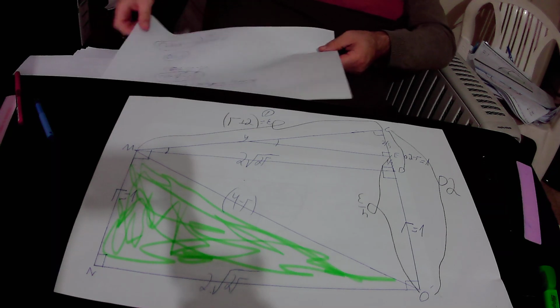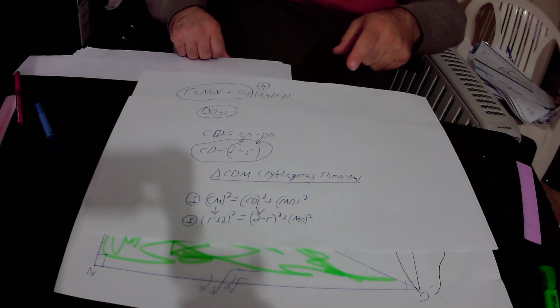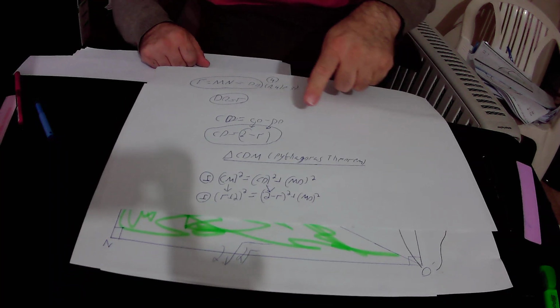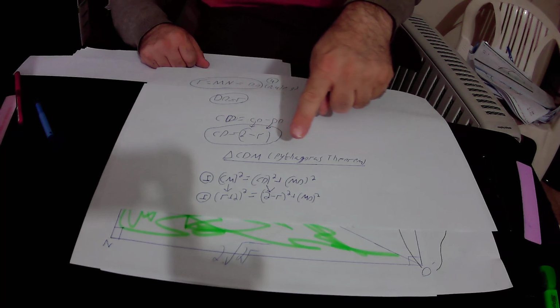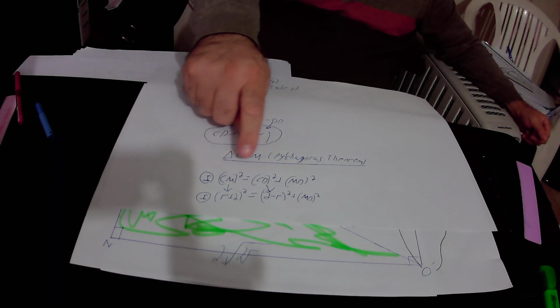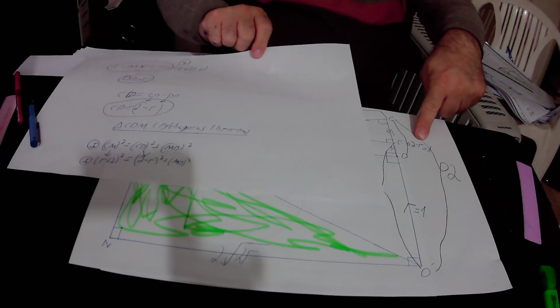According to the Pythagoras theorem, the square of the hypotenuse equals the sum of the squares of the perpendiculars. That is to say, CM squared equals CD squared plus MD squared. CM equals R plus 2 and CD equals 2 minus R.